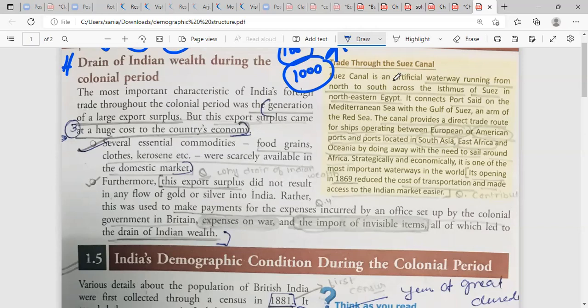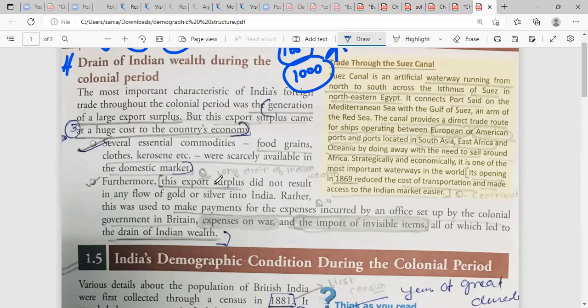We were exporting all these clothes, food grains and all that. We were exporting raw material, but whatever we were getting from foreign trade from the British was not enough, right? So there was always scarcity of food grains, clothes, kerosene oil and all that. They were always very limited in our Indian economy, right?